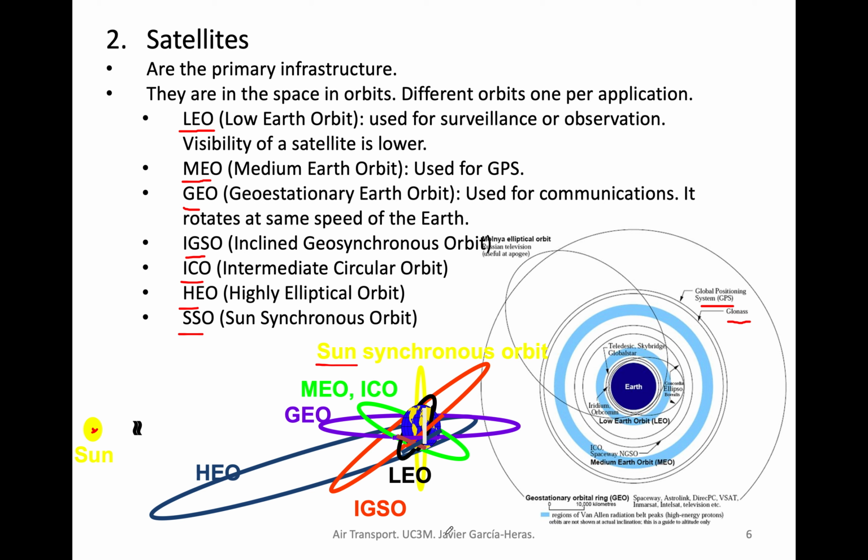Then we have the inclined geosynchronous orbit, which is traveling or moving at the same rotational speed as the Earth, and the same with the geostationary.